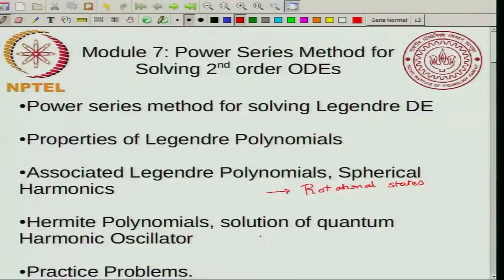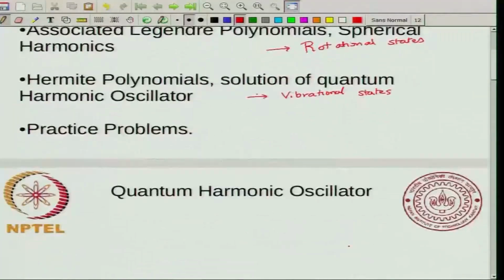Similarly, the quantum harmonic oscillator is related to vibrational states. So if you are doing any infrared spectroscopy, then what you see is related to the vibrational levels, which can be modeled very usefully as a harmonic oscillator. So, these are fairly well used equations in physical chemistry.